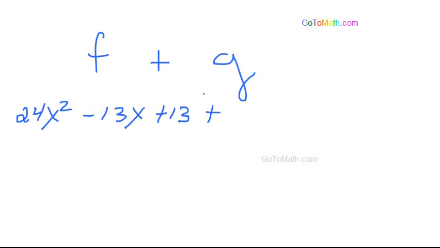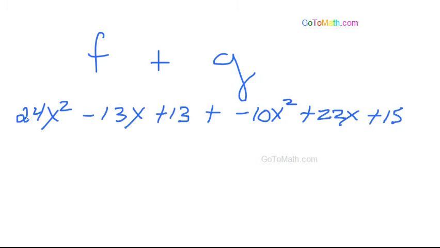And then plus, that's where this plus is coming from, G. And G is negative 10x squared plus 22x plus 15. And we can consider this to be a negative sign out here in front of the 10x squared, okay?